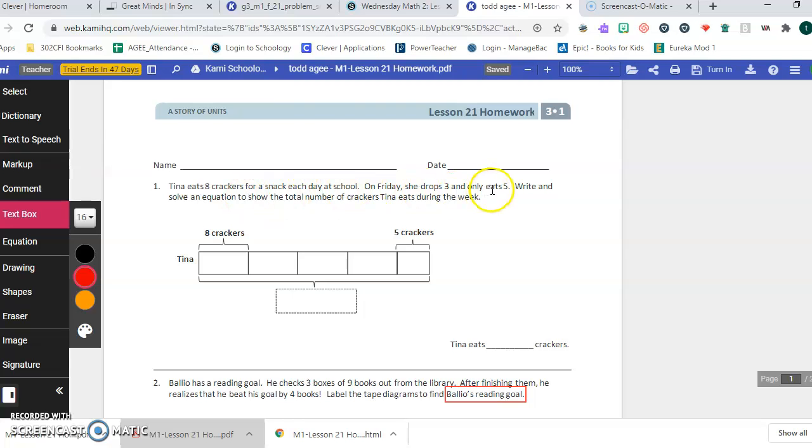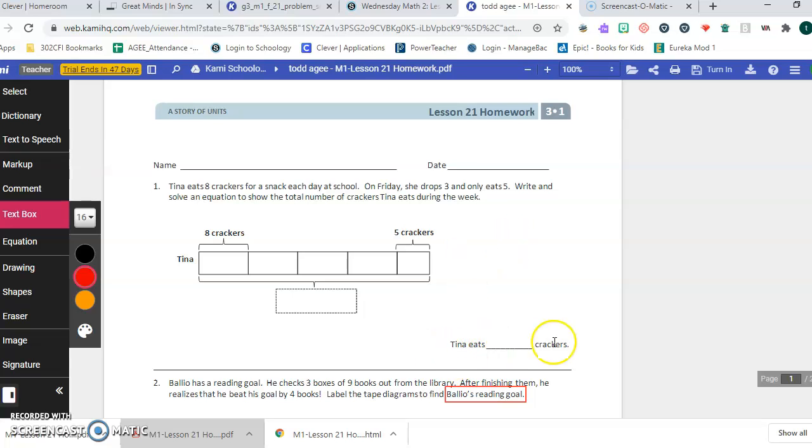You've got a problem here where they give you a first part. The first part is going to involve the equal portions here, so it's going to be either multiplication or division, and then the second part, they tell you, oh, in this last part, there's something different, and so how do you add that in or subtract that from the first part to find a finished product?